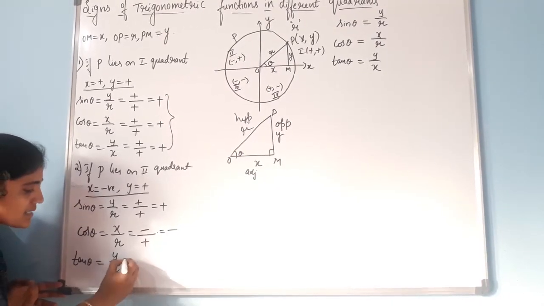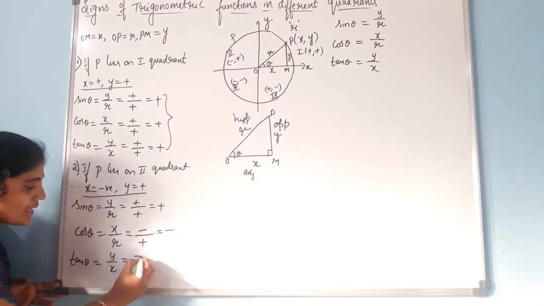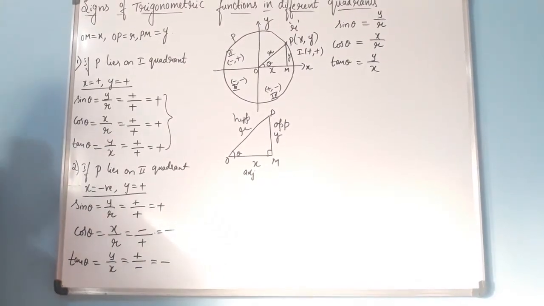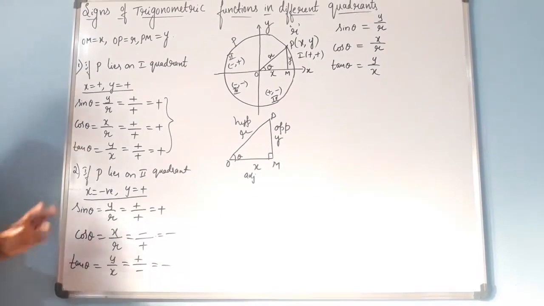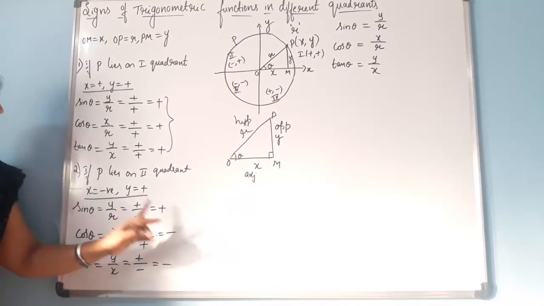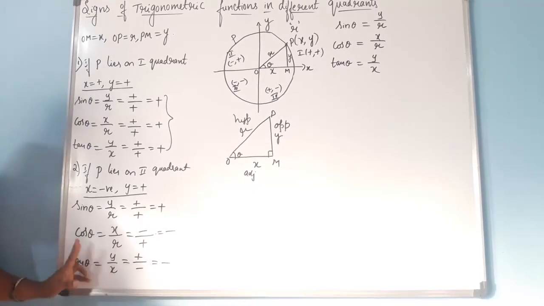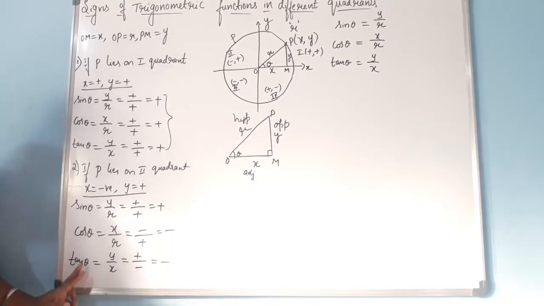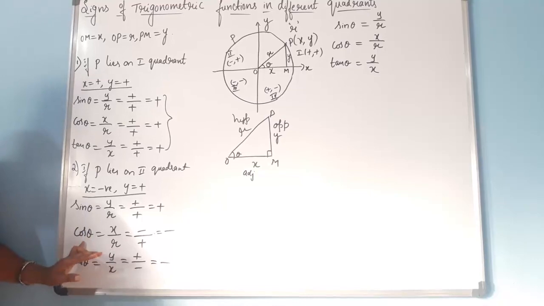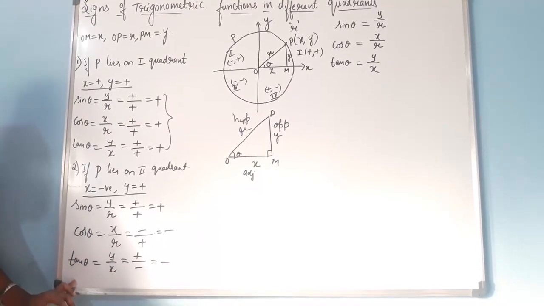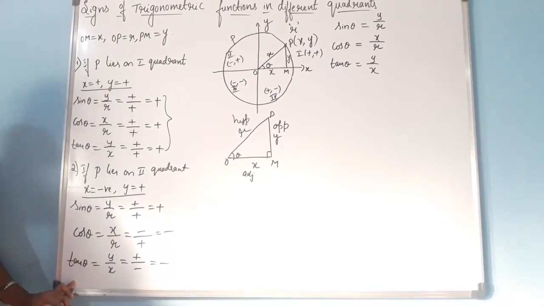Y by x, which is equal to, so y is positive, x is negative, plus by minus means we get minus. See here, we are getting sin theta is positive means what about cosecant theta? That is also positive. So cos theta is minus, tan theta is minus means cos minus ಬರ್ತಾ ಇದೆ ಅಂದ್ರೆ secant theta is also minus. Tan theta is minus means therefore cot theta is also minus.